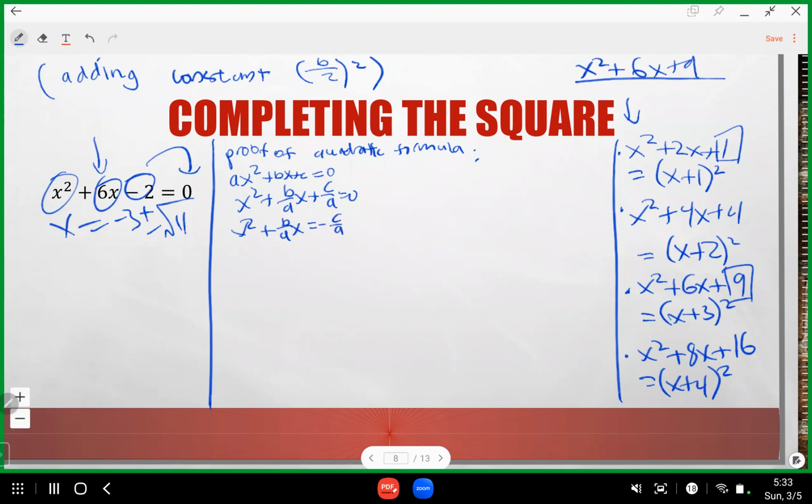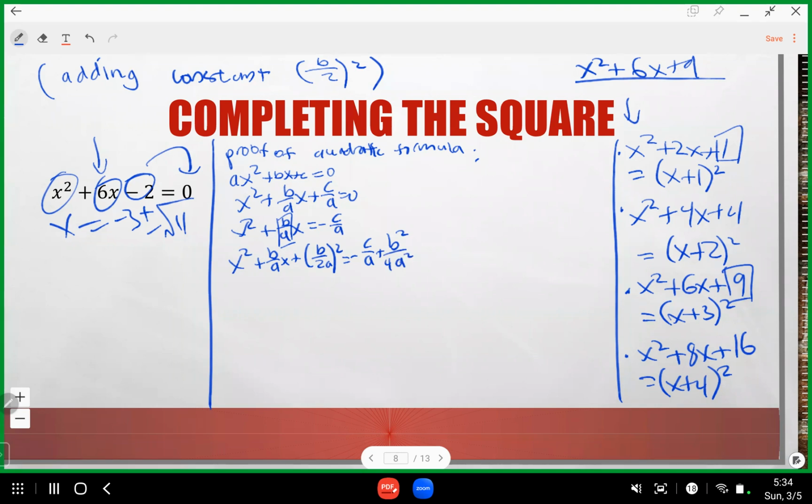Remember how I said we're going to add the constant b over 2 squared on both sides, right? And what is the b term here? The b term here is b over a. So b over 2 is going to be b over 2a, and squared is going to be b squared over 4a squared. So essentially, we're just adding all that: x squared plus b over a x plus b over 2a squared is equal to negative c over a plus b squared over 4a squared.